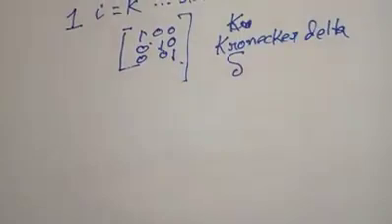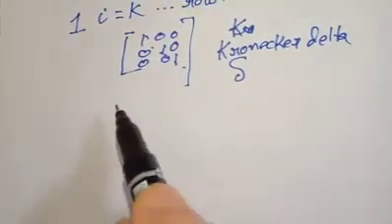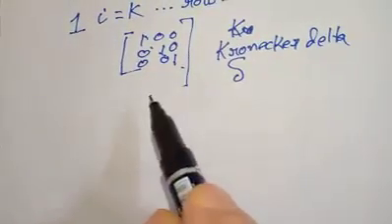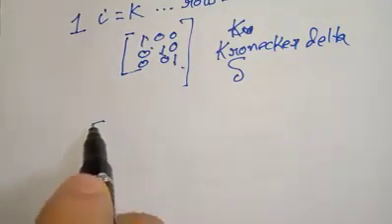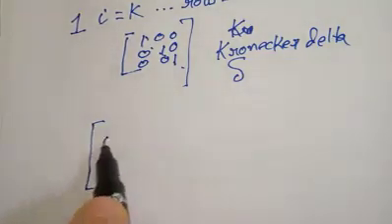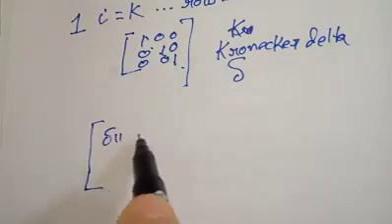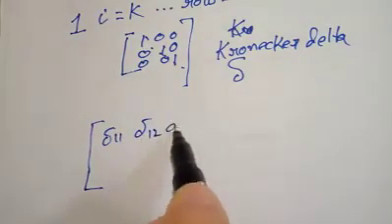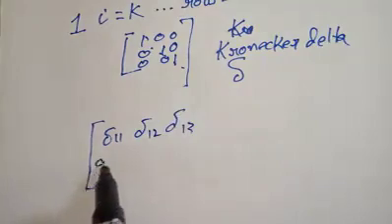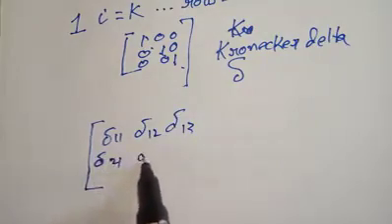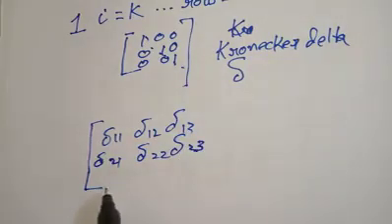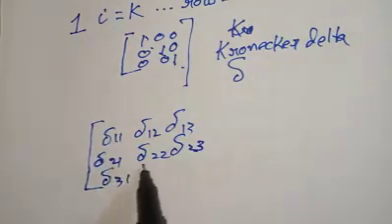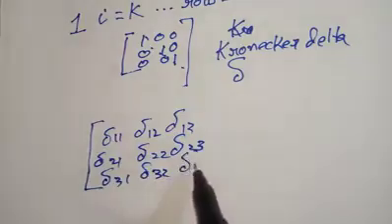So again, let us put how it will look when i equals row and k equals column. It will look something like this. So we put Kronecker 1 1, Kronecker 1 2, Kronecker 1 3, then Kronecker 2 1, Kronecker 2 2, Kronecker 2 3, then Kronecker 3 1, Kronecker 3 2, Kronecker 3 3.